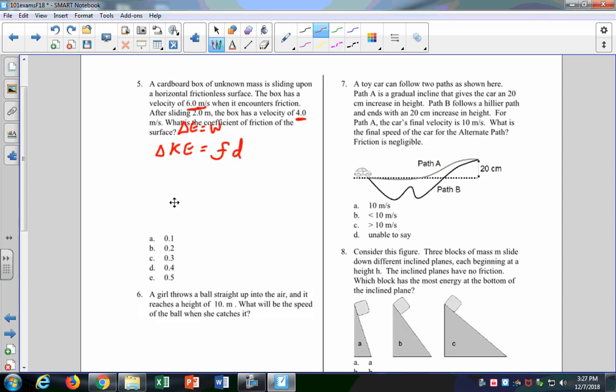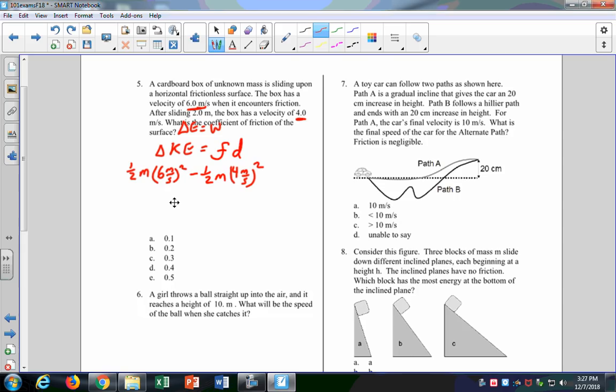The change in kinetic energy is 1/2 m times (6 meters per second) squared minus 1/2 m times (4 meters per second) squared. I think this was an OpenStax question when we gave it initially. This is my change in kinetic energy: final kinetic energy, initial kinetic energy.